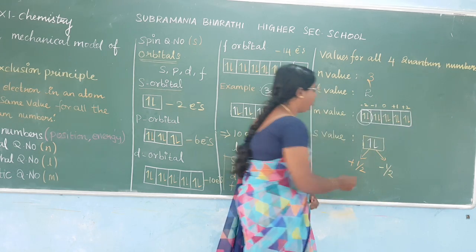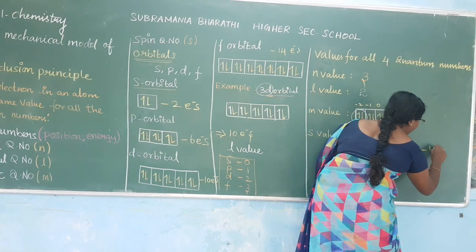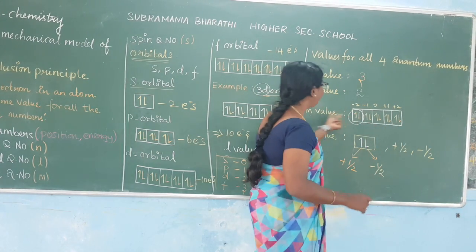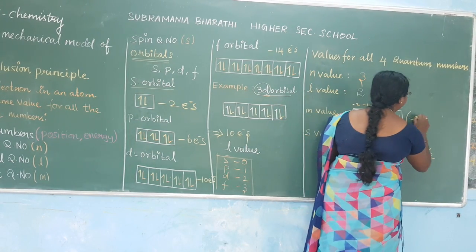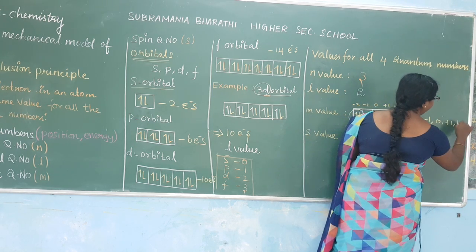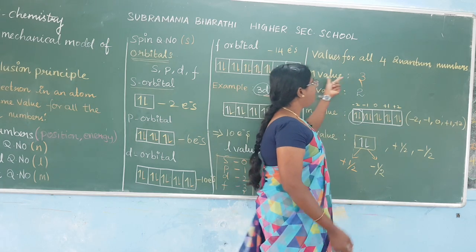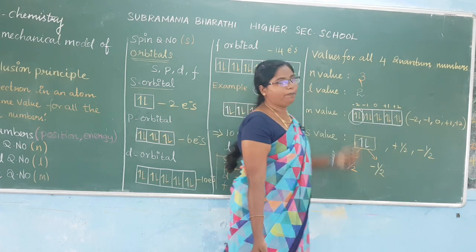So the S values will be plus half and minus half. For the M values, let me write minus 2, minus 1, 0, plus 1, plus 2. And the N value will be 3 and the L value will be 2.